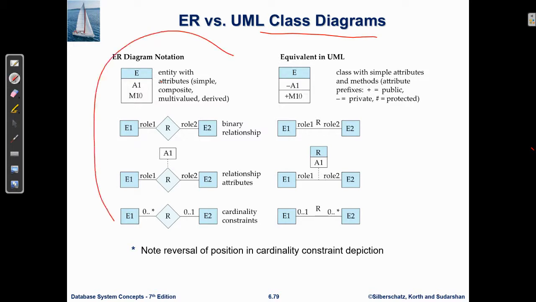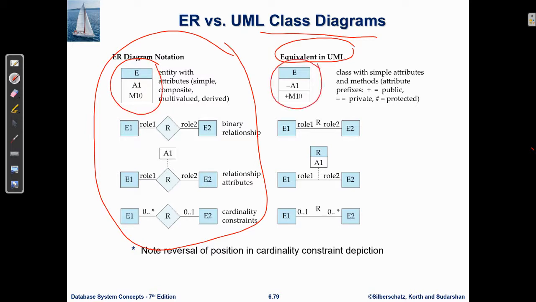You are familiar with your ER diagram. See the ER diagram notation on the left hand side and the equivalent in UML. When you have to show the entity with attributes, they can be simple, composite, multi-valued, or derived. Similarly, in UML, it will be shown in this manner.